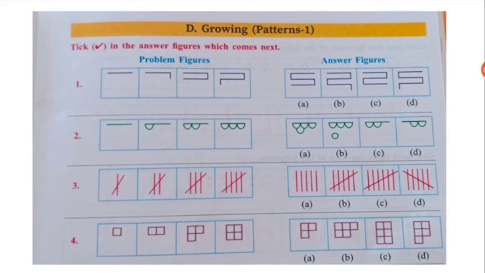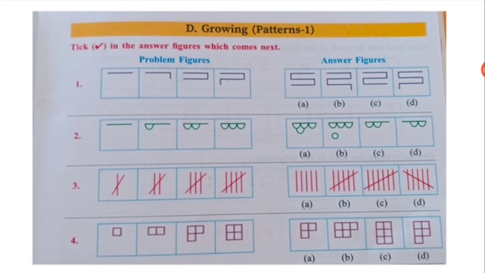Our answer will not be A, because only standing lines are there. Our answer will not be C, because 6 standing lines are there, and D also we cannot say is the answer, because the slanting line is in a different shape. Correct, so our correct answer is B.